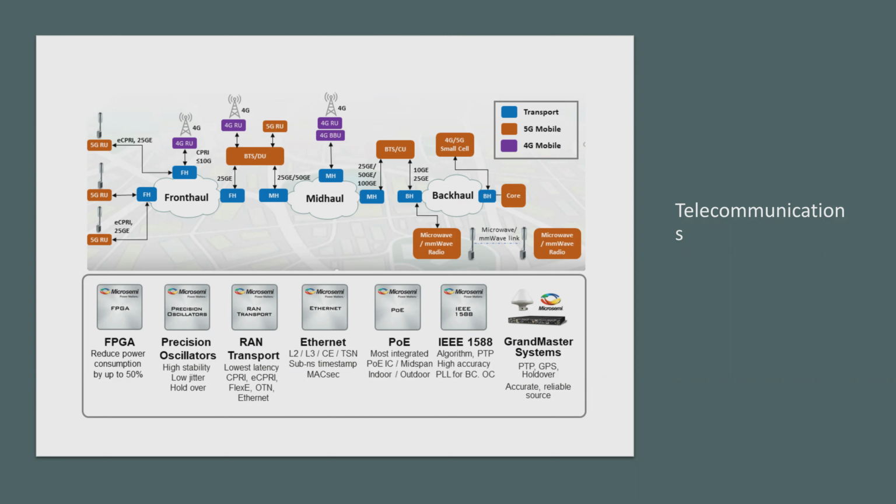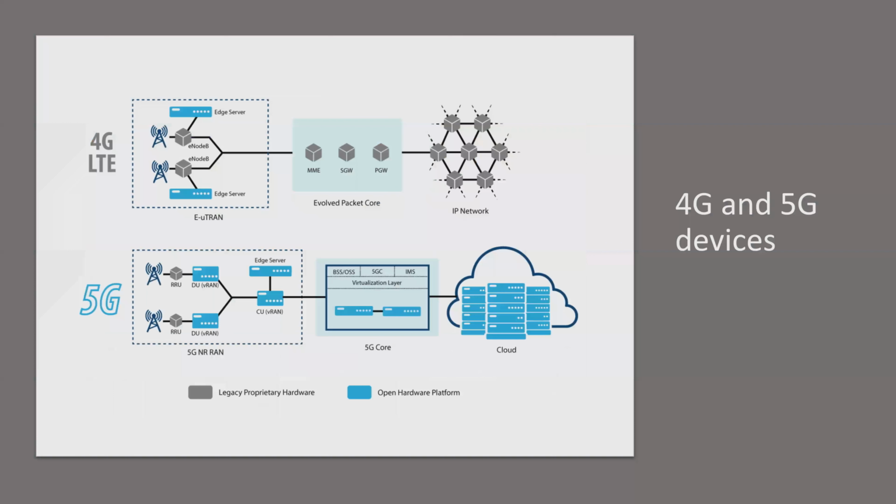Next slide, if you can go. Yeah. So here again, for 4G and 5G, there are some architectural changes and a lot of design changes from 4G to 5G, but as I mentioned, let's take this as an example.